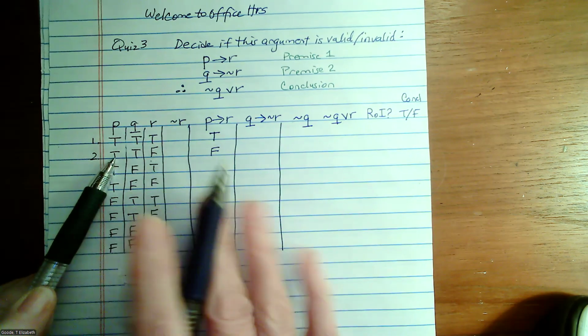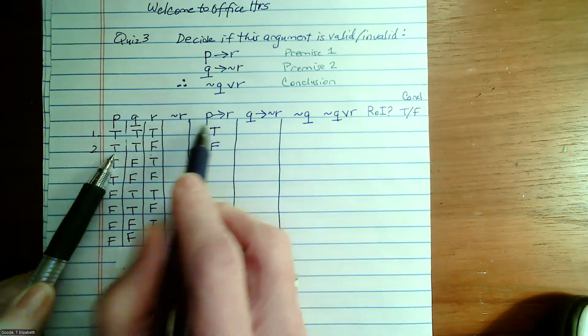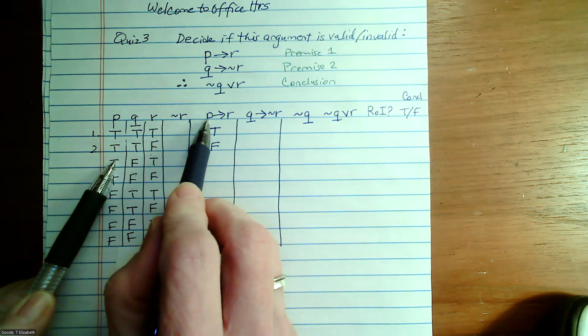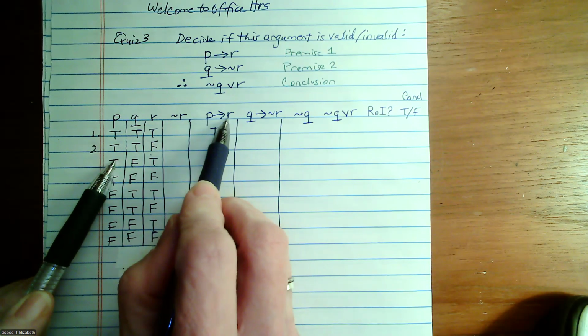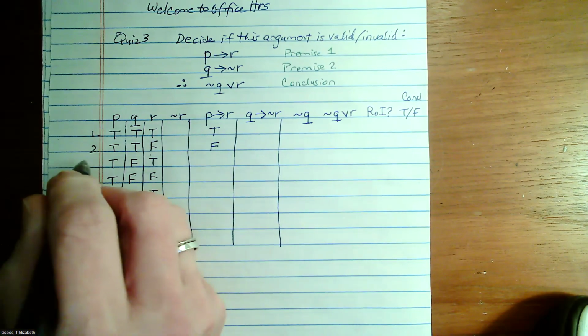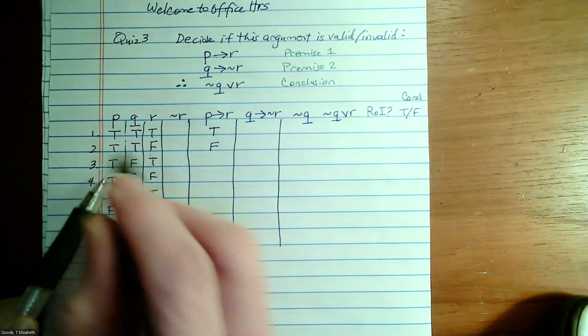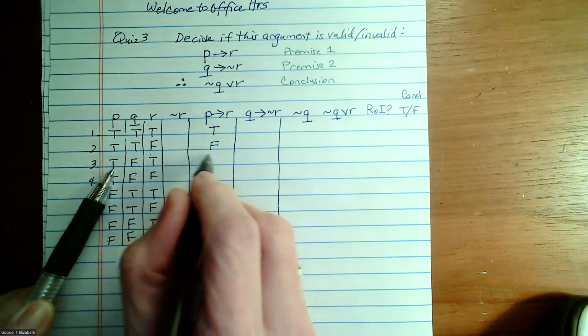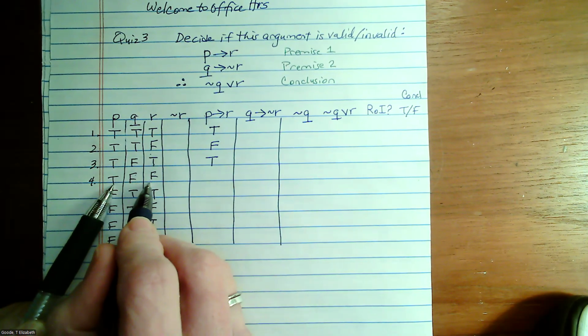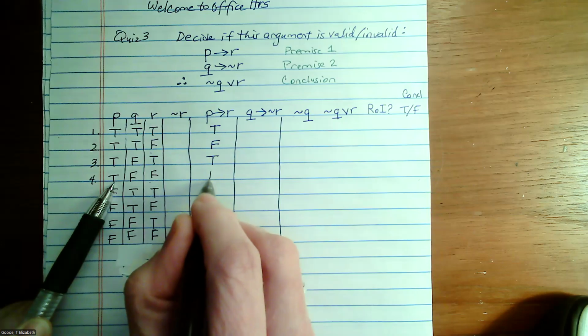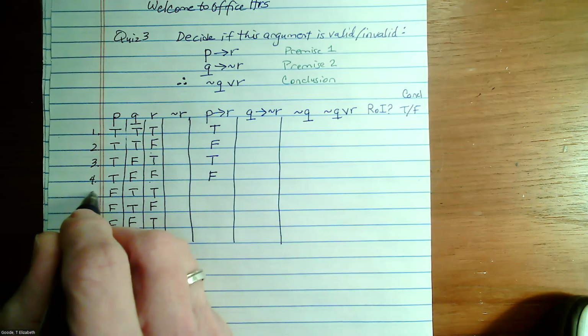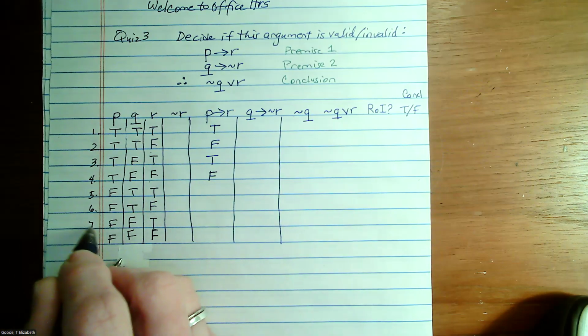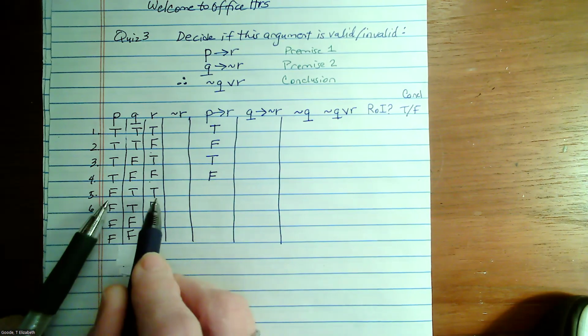That's the only time the if-then fails. It only fails if we have a true hypothesis and a false conclusion, whatever they look like. Okay, so good. Row 3, true. Row 4, false. Good. And rows 5, 6, 7, and 8.